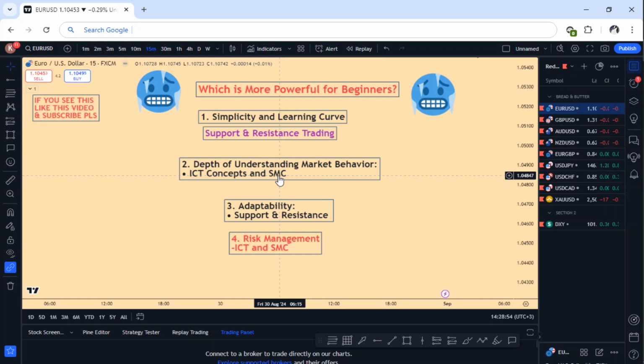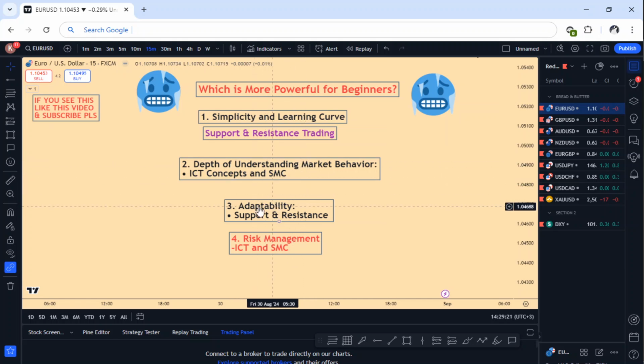They teach traders to think about the market in terms of liquidity, order flow, and let's say market manipulation, while being more powerful in understanding the market at the deeper levels. So you will have a steeper learning curve, because it's going to take you time to understand all these SMC concepts that I've just explained.